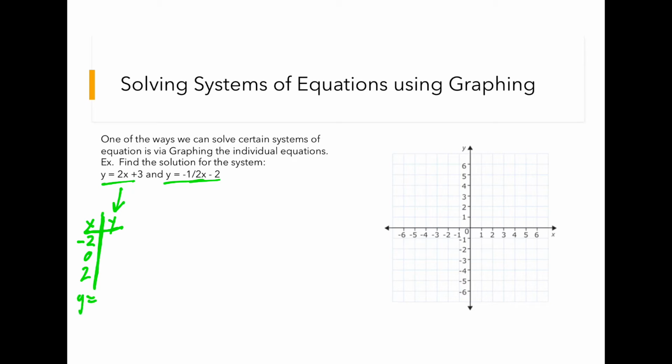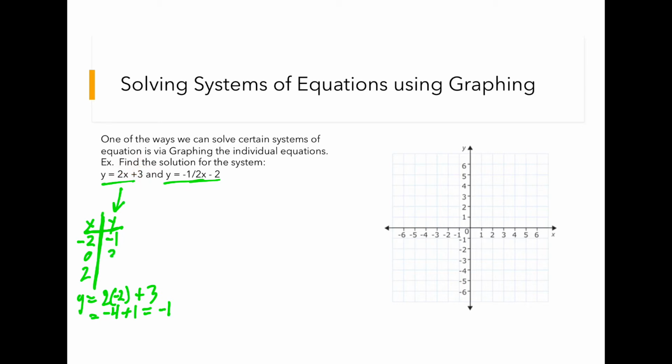So if I start out with -2, that's 2 times -2 plus 3. So that's -4 plus 3, which is -1. So -2, -1 is a solution. Plugging in 0 always eliminates, since it goes here for x, it's going to eliminate the 2, so then we just have 2 times 0, which is 0 plus 3.